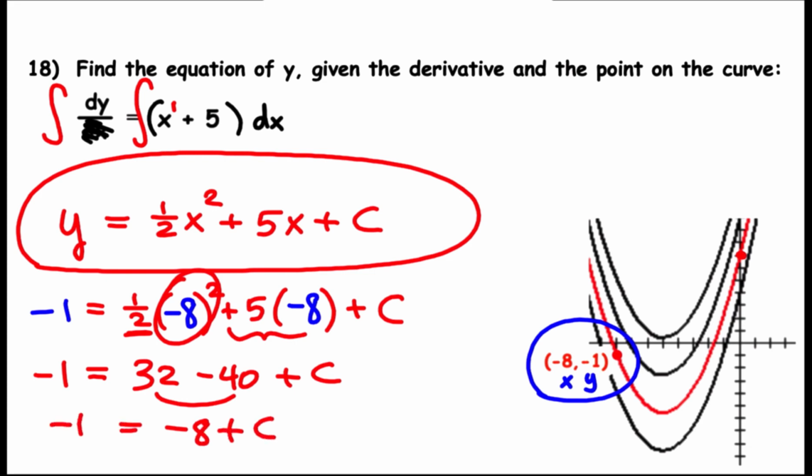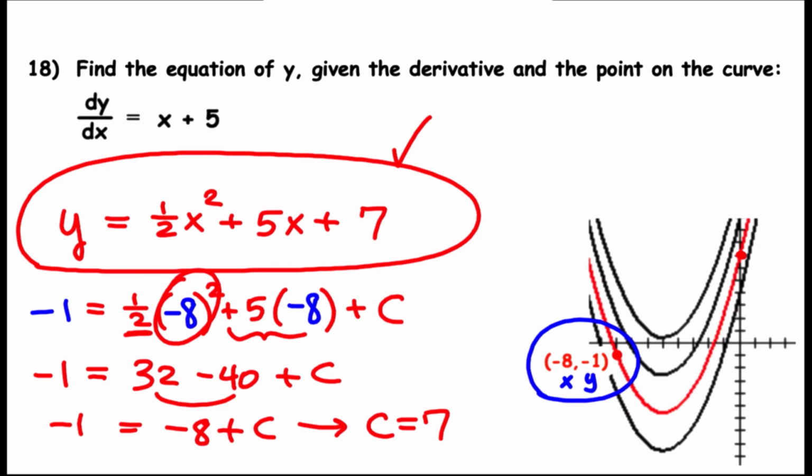Add 8 to both sides, and sure enough, c is 7, just as we saw from the picture. So my final answer is right up here. I just take the plus c out, replace it with a 7, and we're good.